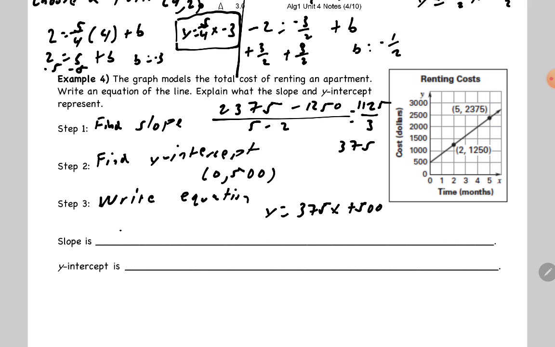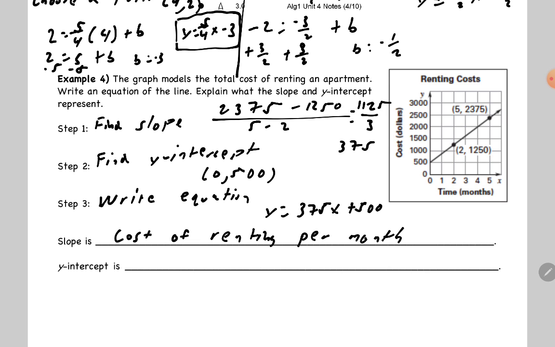So this is the cost of renting per month. So the slope is $375 a month for renting this place out, which is not that bad. That's actually quite cheap. So it's probably pretty small.